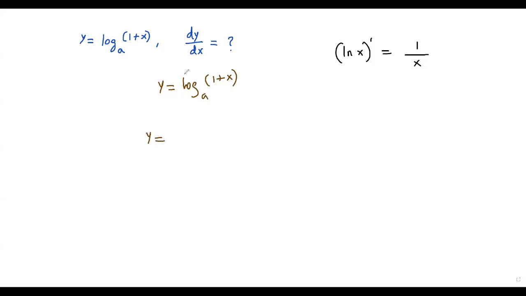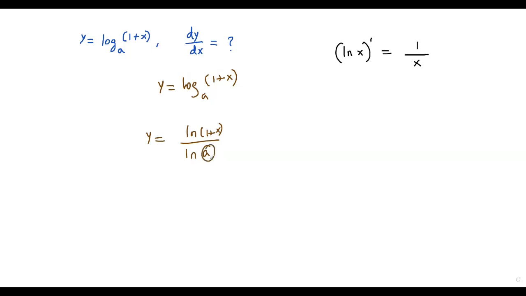To convert this logarithm to a natural logarithm, I have to write two natural logarithms in a fraction. For the natural logarithm in the numerator, I write this 1 plus x as the argument. And for the natural logarithm in the denominator, I write this base a as the argument. So now I have the given logarithm in terms of natural logarithm. Then the given function becomes y equals ln of 1 plus x over ln a.